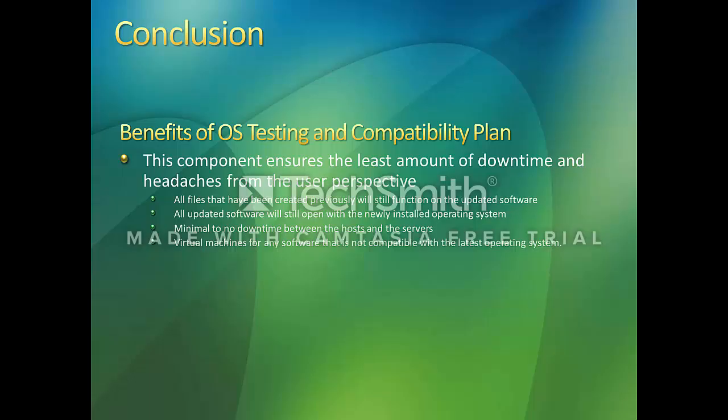As you saw in my previous slide, we're hoping to have all of this connectivity between the hosts and the servers done before we even begin to either install Windows 10 or retrieve our backed up files. And then, for any software that may not work at all on Windows 10 at that point, we will have virtual machines set up for any software that's not compatible with the latest operating system.